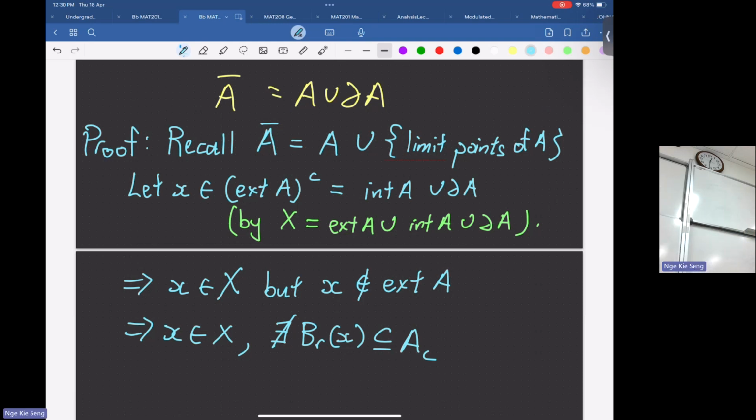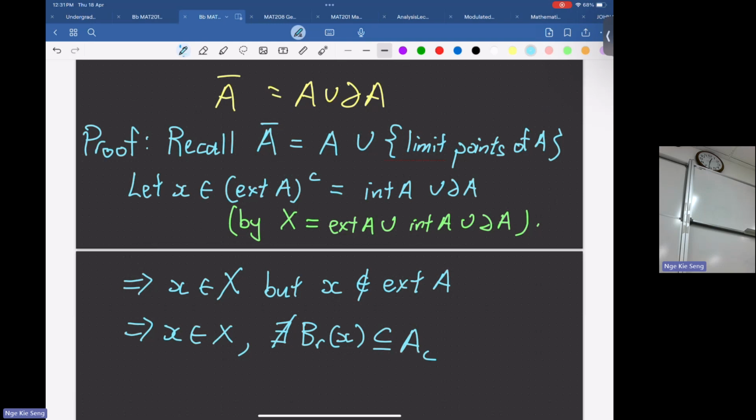What's the possibility for this ball? This ball cannot fully lie in A complement. So what can happen to this ball? It could be a ball inside A completely, or it could contain some point inside A and something inside A complement. Right?